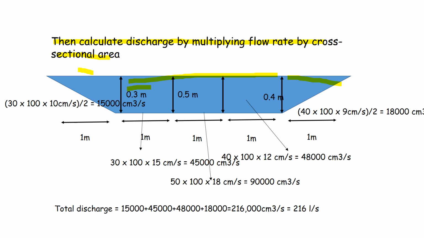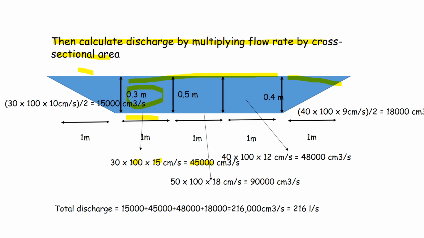The first segment we look at here is 0.3 meters deep or 30 centimeters, which is 1 meter or 100 centimeters wide, and has a flow rate of 15 centimeters per second. This is equal to 45,000 centimeters cubed per second, or 45 liters per second.